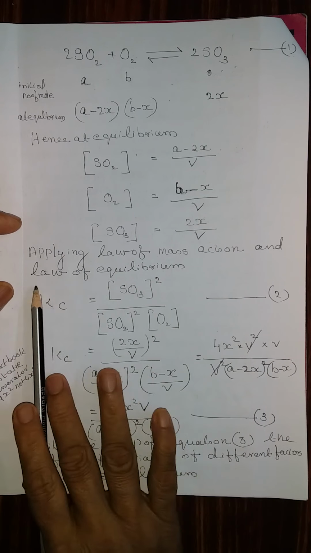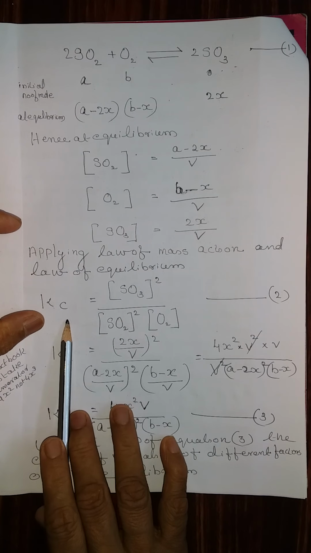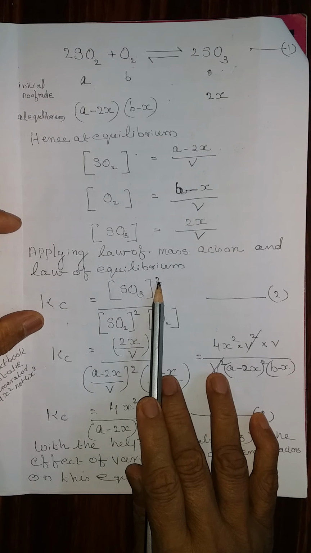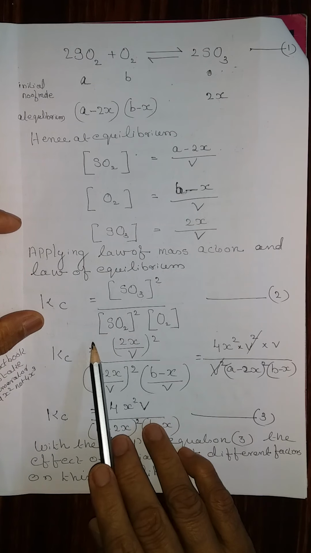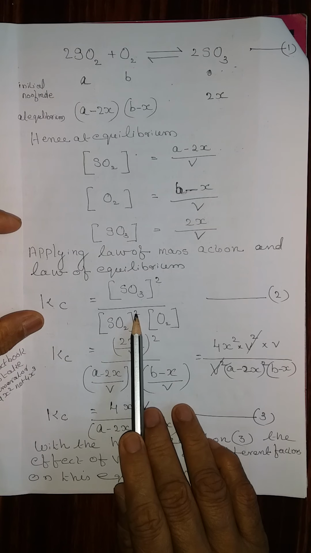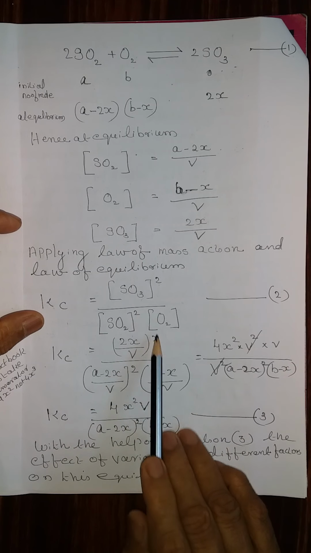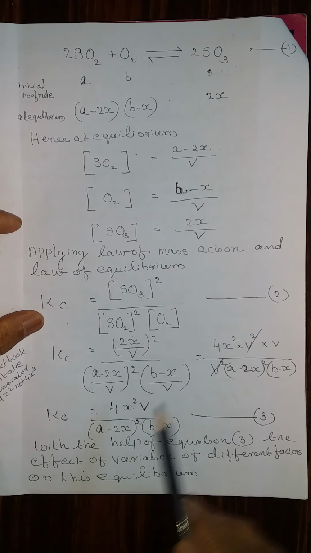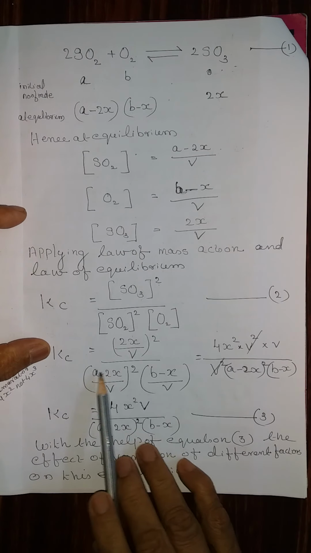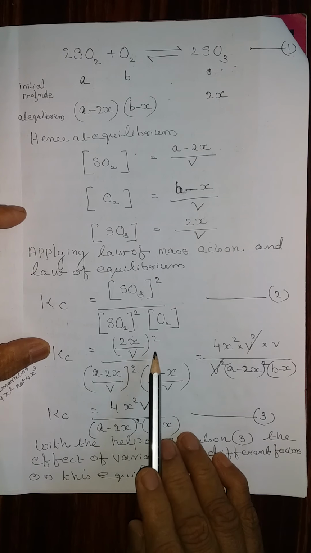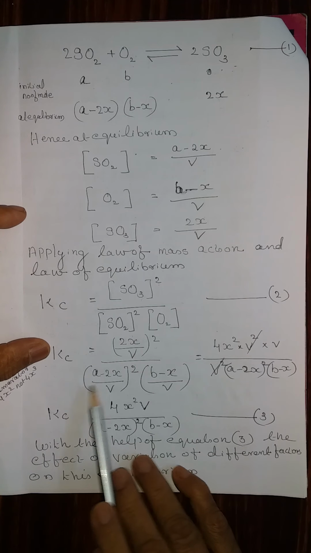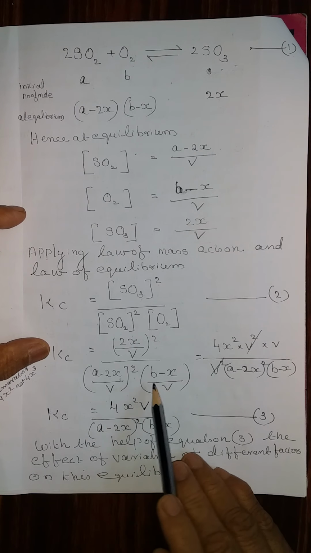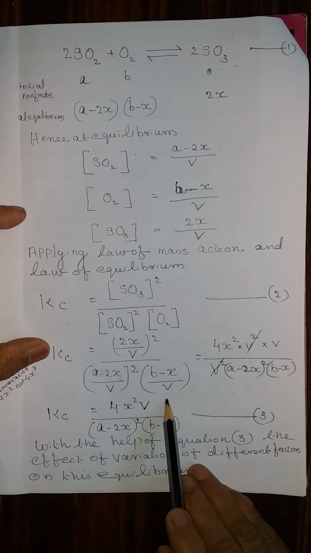Applying the law of mass action and equilibrium, Kc is equal to [SO3]² divided by [SO2]² into [O2]. Substituting the values of concentration, Kc is equal to (2x/V)² divided by ((a − 2x)/V)² into (b − x)/V.